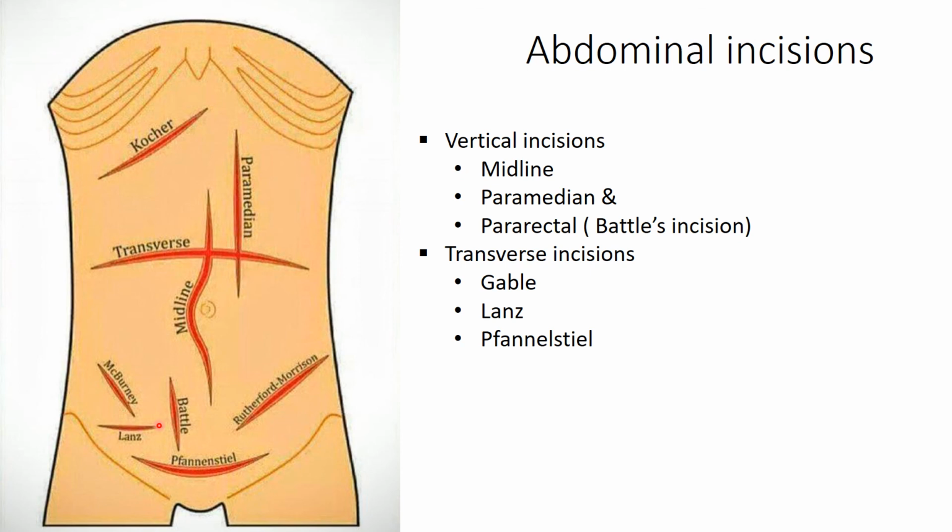And third is the Pfannenstiel incision, often known as C-section. So it is traditionally known as caesarean section or C-section, generally done by the obstetrician on the gravid uterus, and it allows good access to the lower GI portion and the pelvic organs.